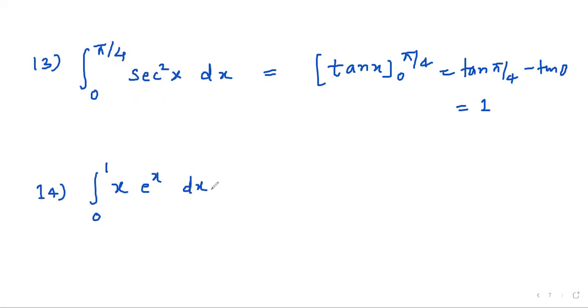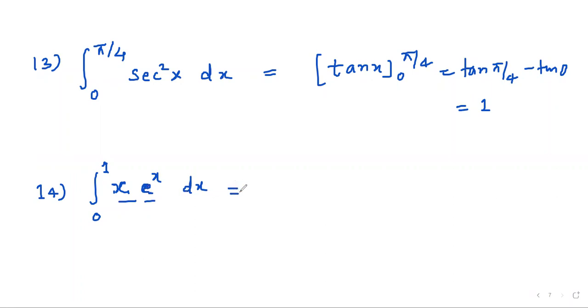So let's see the next question. 0 to 1, x e power x dx. Here we have to integrate it by using the rule of integration by parts. So this is a product of two functions. So here we have to use integration by parts.